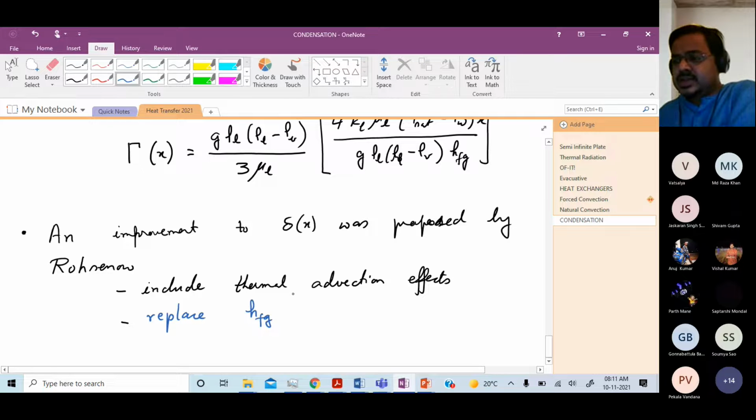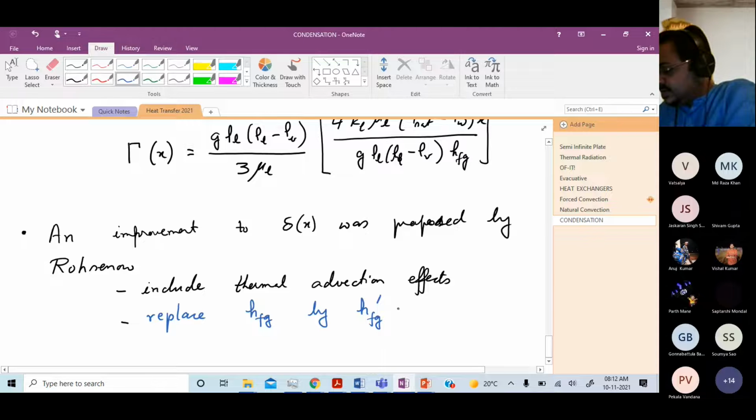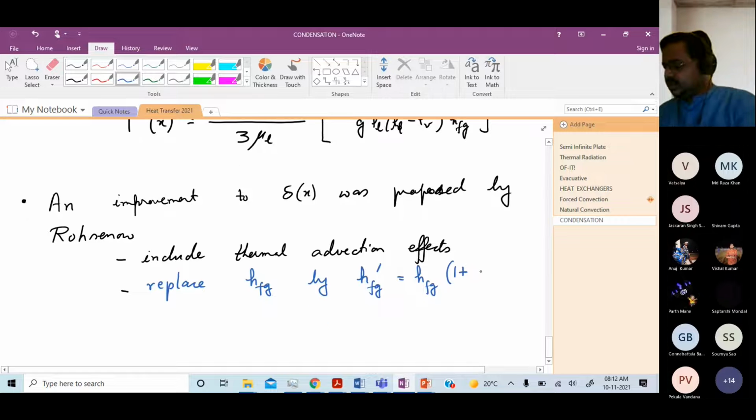Of course, he did some analysis and experiments. What is HFG prime? HFG prime is HFG times 1 plus 0.68 times the Jacob number.